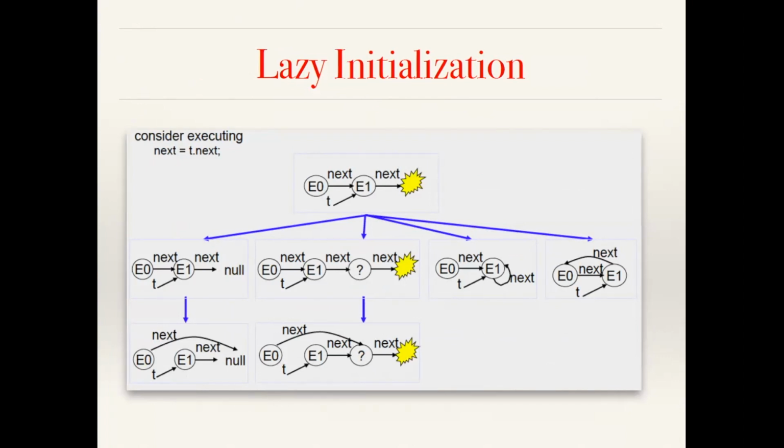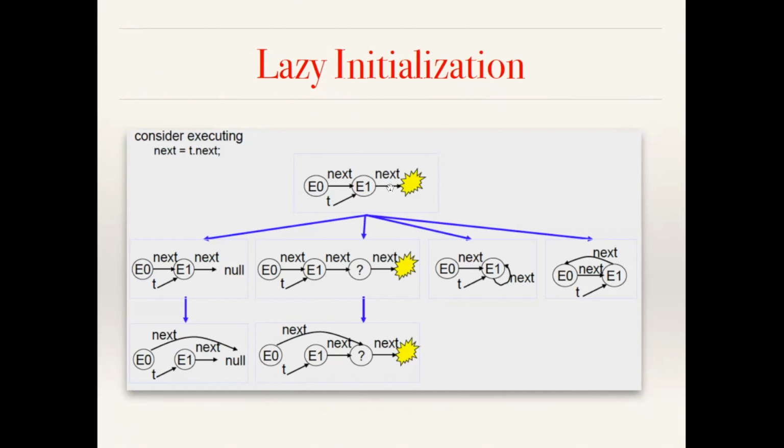And after we concretize the list, we apply the normal Java semantics to perform the operations on the reference fields, and then we do the usual symbolic execution for the numerics. So this concretization is similar to, for example, the focus operation used in some static analyses, and we also use a similar idea here.